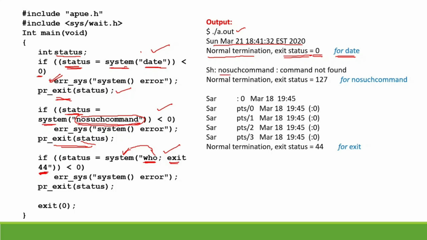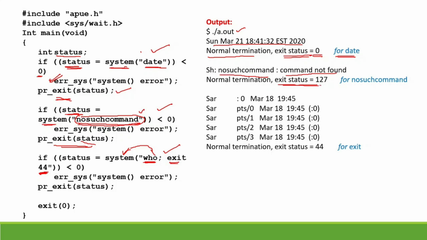And for no such command, the output I get is command not found, because it's an invalid command. And the exit status is 127. Why is it 127? Because this command failed to be executed, so it doesn't exist.